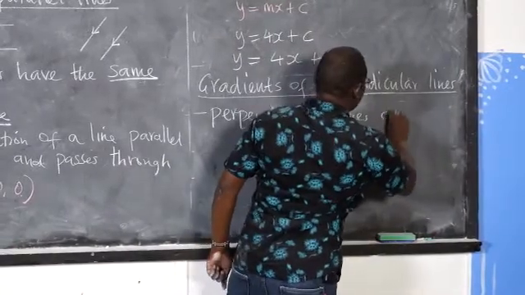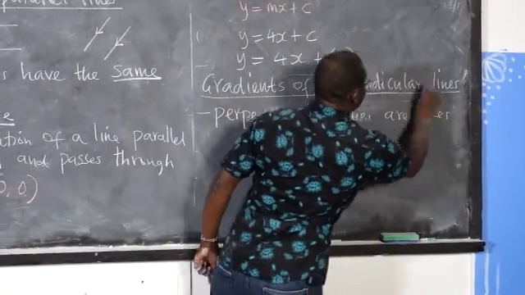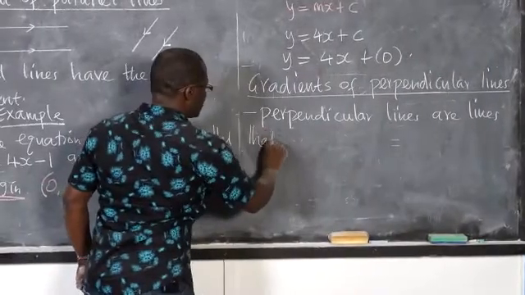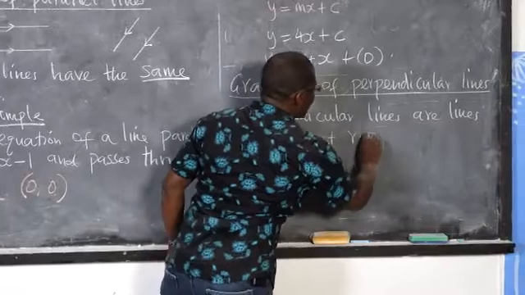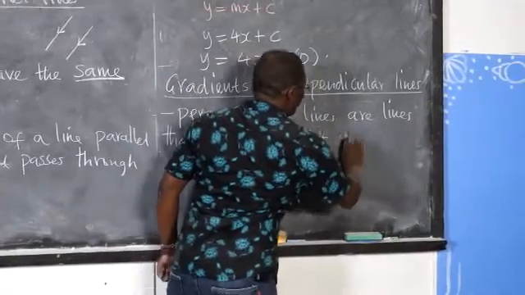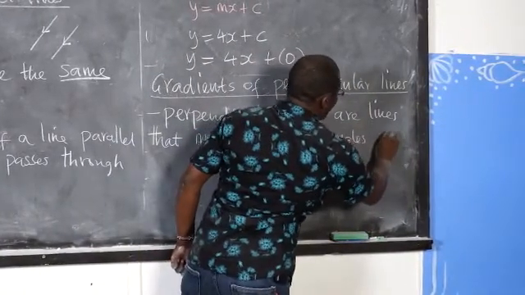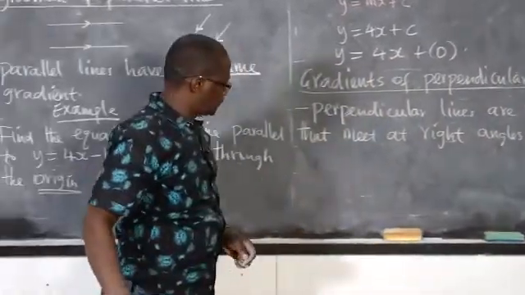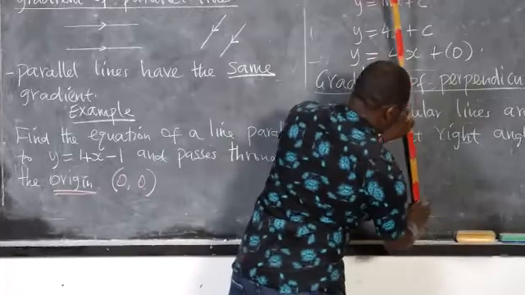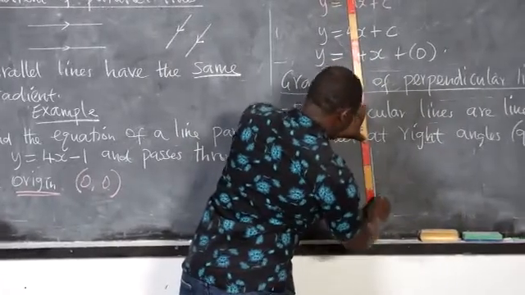Perpendicular lines are lines that meet or intersect at right angles. When you talk about right angles, we talk about 90 degrees. So these are the lines that we are talking about.